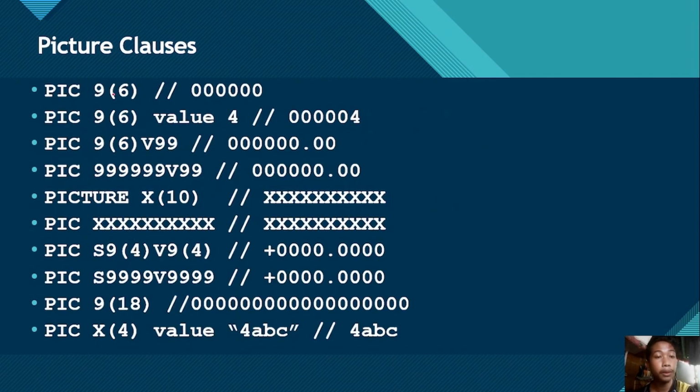So for example, 9 parenthesis 6. If we don't initialize it with values, we don't have any values for that specific variable. It will initialize to specific defaults like 0 for numeric, and spaces for the X. So here 9 parenthesis 6 will generate 6 zeros.